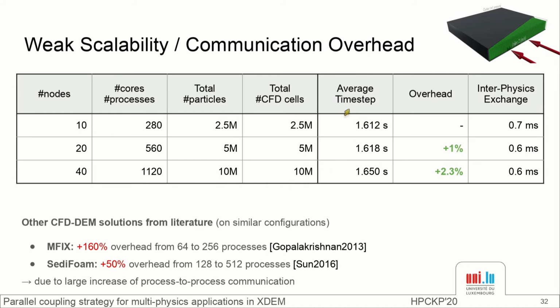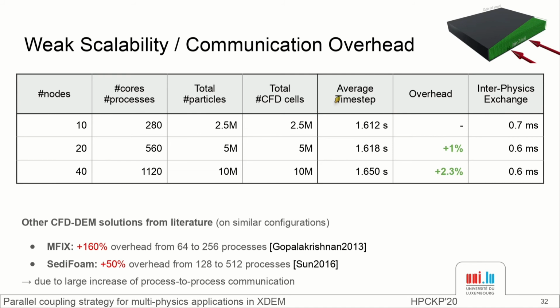And we measure the average time to simulate one time step, while the amount of computation work, which means the number of particles and the number of CFD cells, is constant, the same per core. The increase in the average time is due to the overhead of the communication.